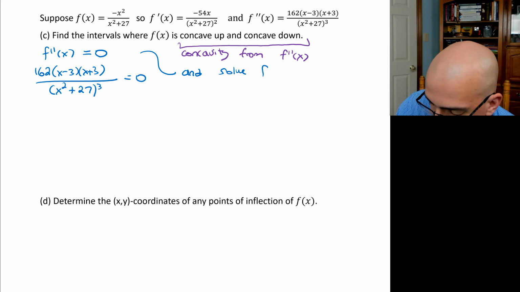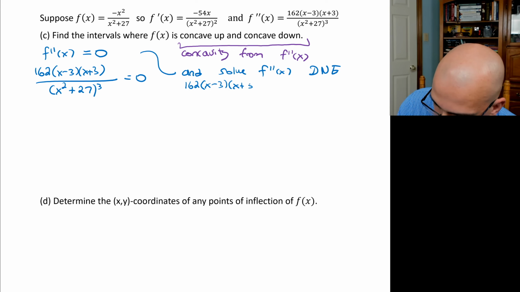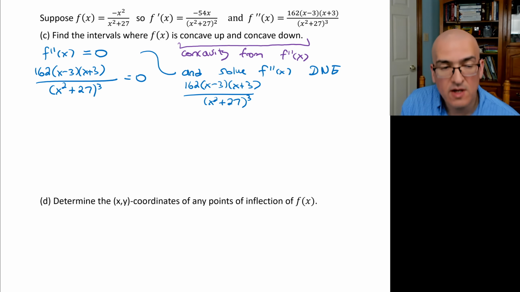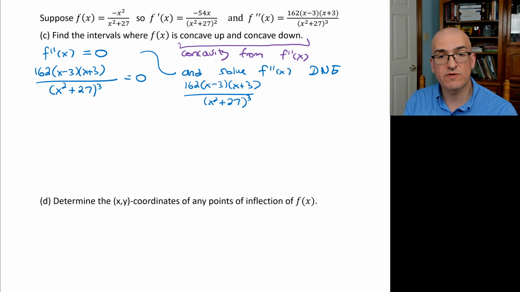Solve f double prime of x does not exist. So 162 x minus 3 times x plus 3 over x squared plus 27 cubed. This exists everywhere for the same reason the first derivative exists everywhere.